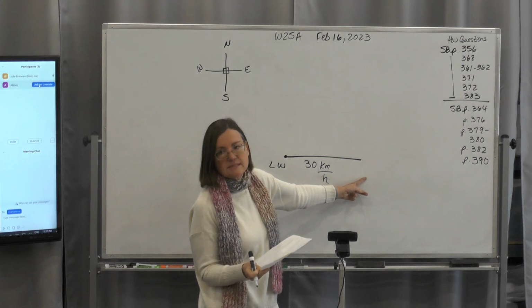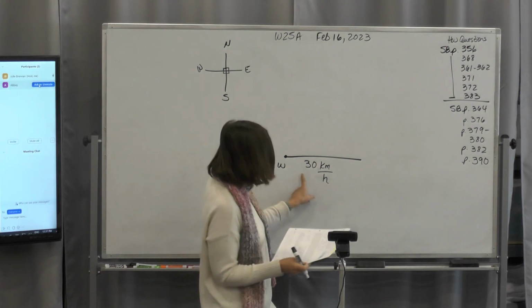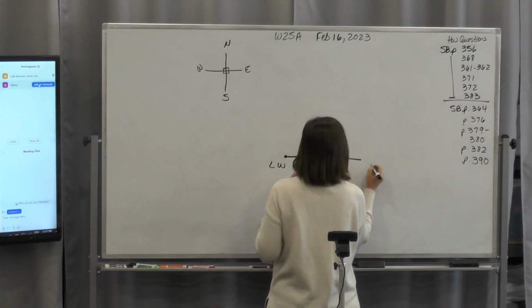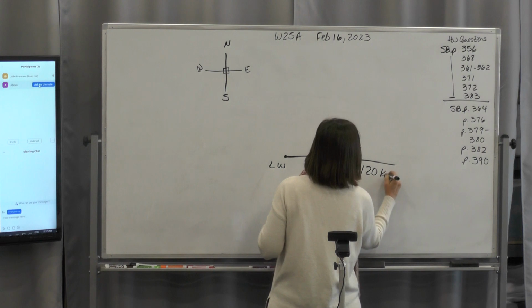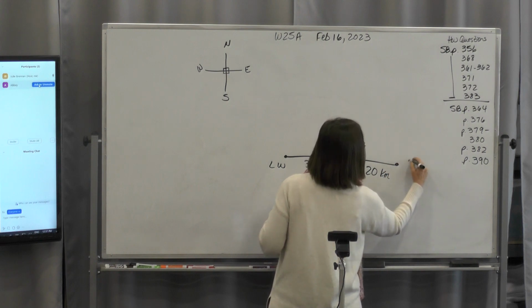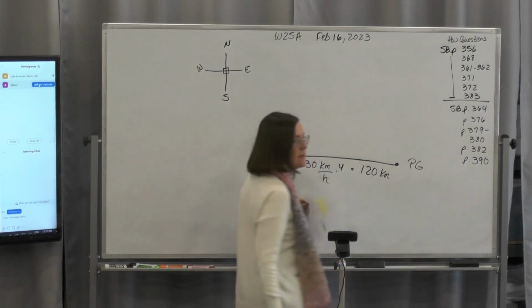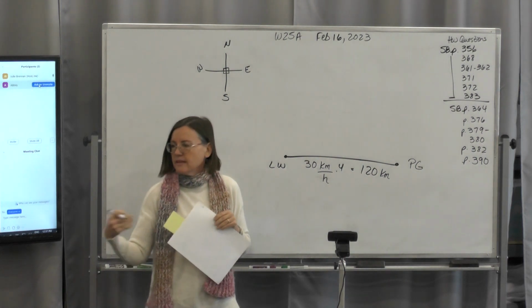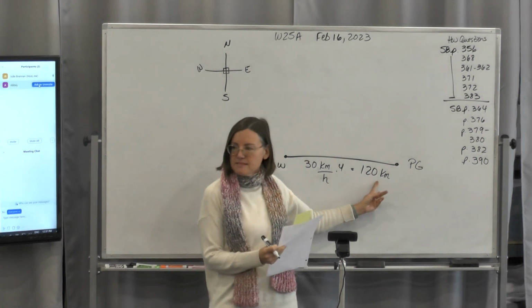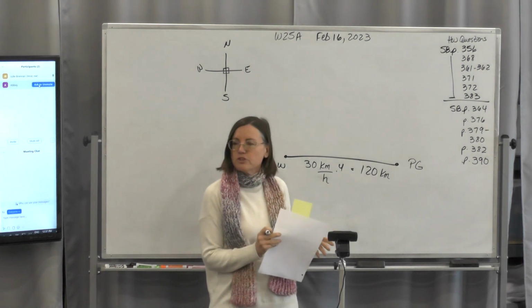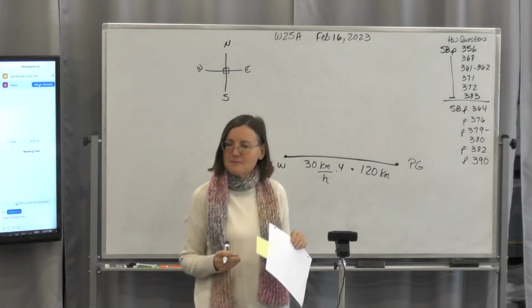It's going to be 30 times 4 hours, right? It's going to equal 120 kilometers to get to Pecos Gulch, okay? I'm already thinking, if I've got a rate, I've got a time that gives me a distance. You guys have heard of DIRT, right? Distance is equal to rate times time.